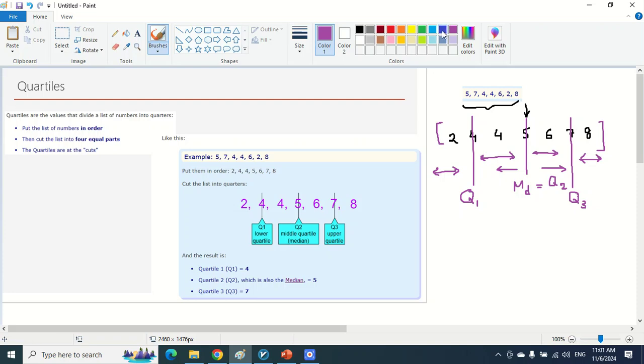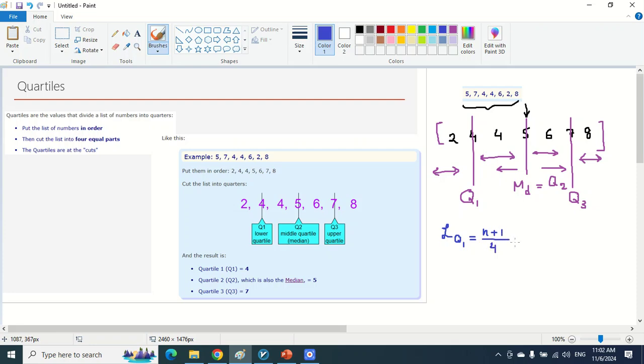To find the place of the quartiles, we have a similar formula. This is the location of Q1, the first quartile. To find the location of Q1, we add 1 to the number of the data and we divide it by 4, because it's a quartile.